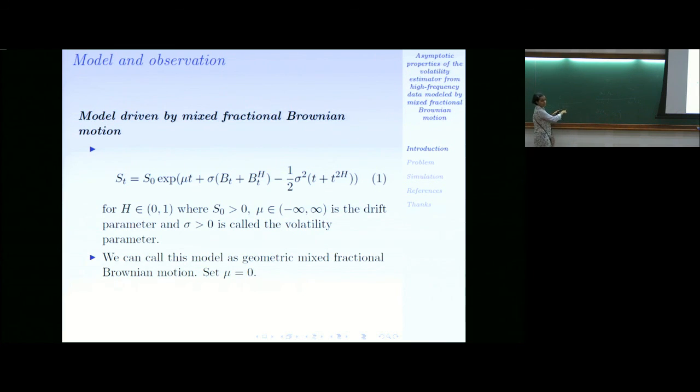In this setup there is no problem with estimation of the mean, but in the other setup there will be a problem. So we get rid of this mu term, and we just set mu equal to 0.